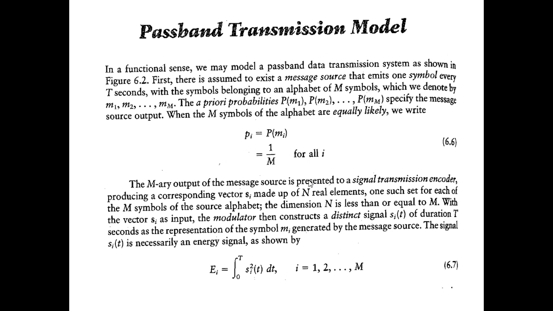This is presented to the signal transmission encoder, which produces a corresponding vector si made up of n real elements, one such set for each of the M symbols of the source alphabet, and the dimension n is less than or equal to M.